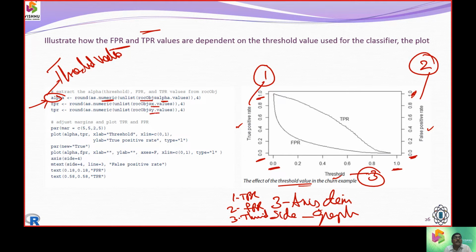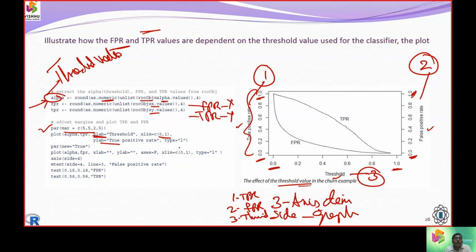Similarly, we take the x-axis and the y-axis: FPR takes the x value, and TPR takes the y value from the ROC curve. Then we adjust the parameters, fix the size, set the x label from 0 to 1, and the y label as true positive rate.